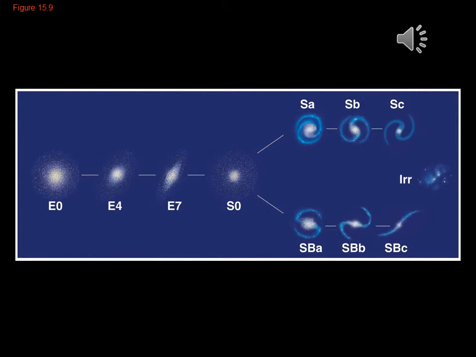Hubble found that there were several types of galaxies of sizes that were not very different from each other. So, looking at those Cepheid variables, he found out that the galaxies don't come in huge varieties of sizes.